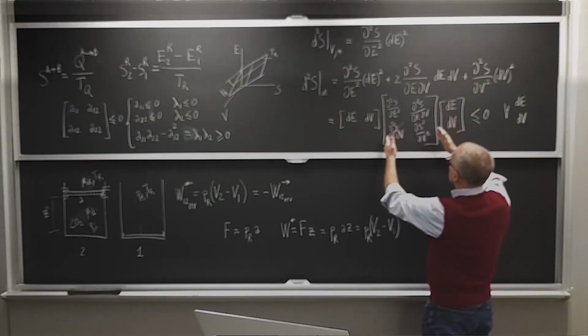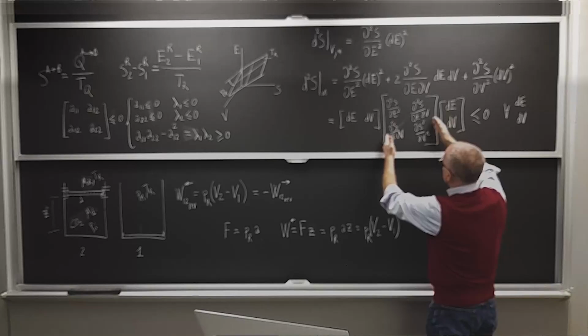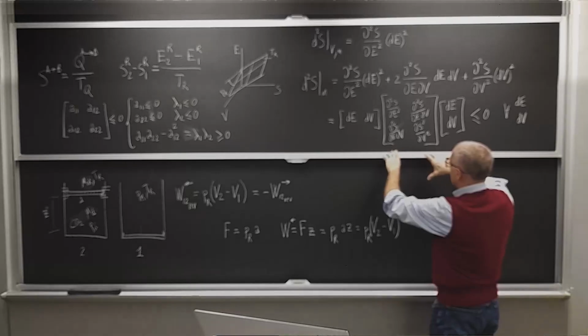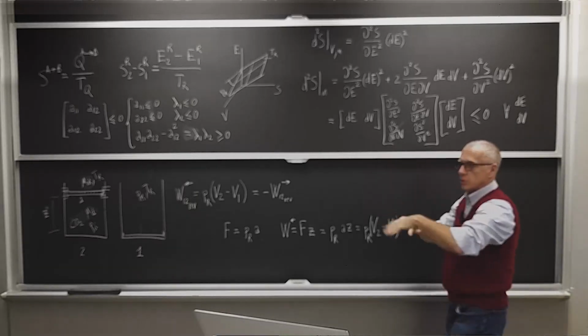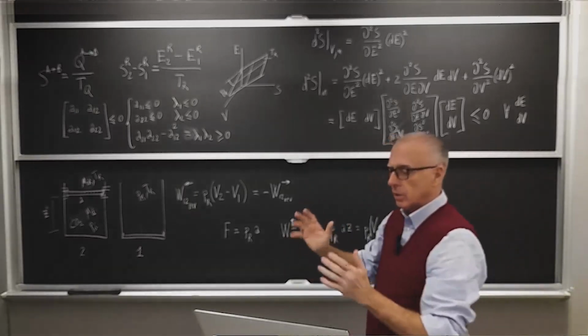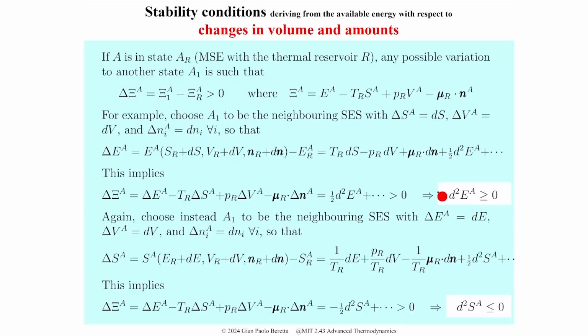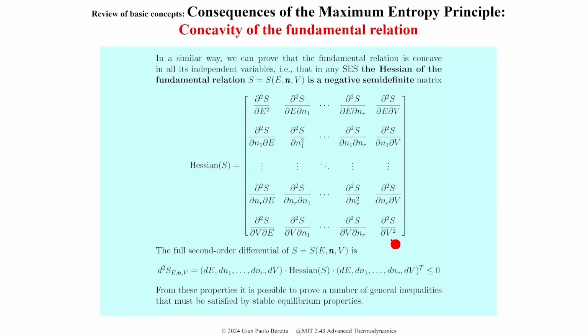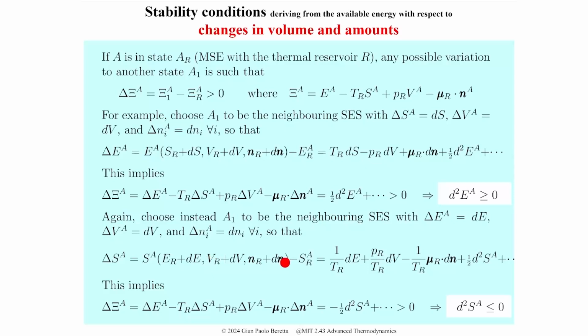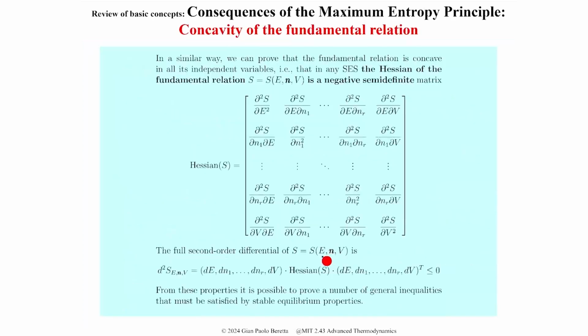So this matrix, the Hessian matrix, will not be just 2 by 2, but 2 plus R, because I also can change all the R constituents, so it's a 2 plus R by 2 plus R matrix. It's this matrix that we have already anticipated a while ago. And the details here prove in more detail this expression that we had anticipated.